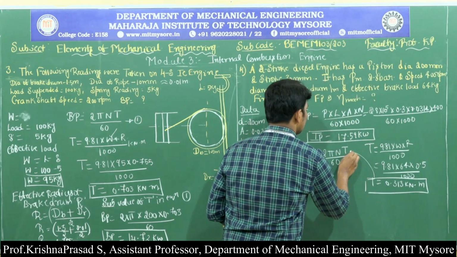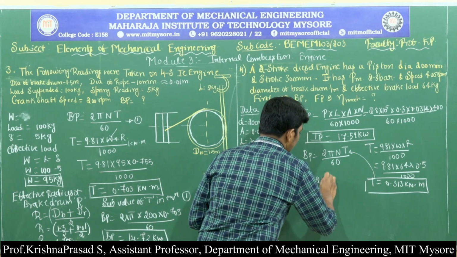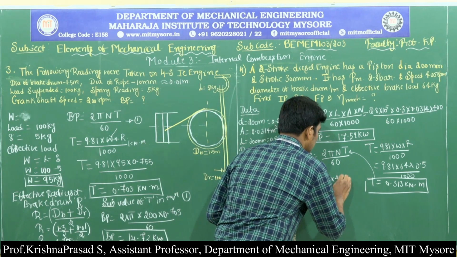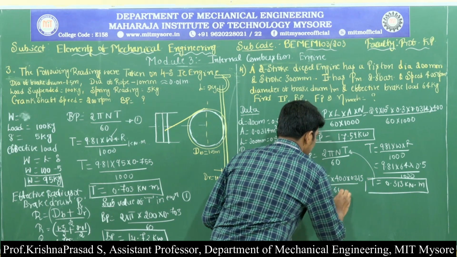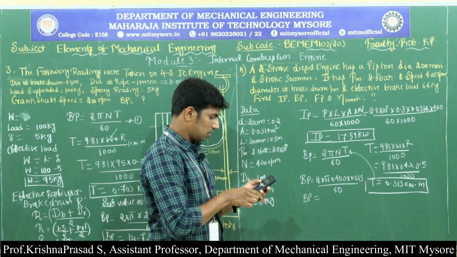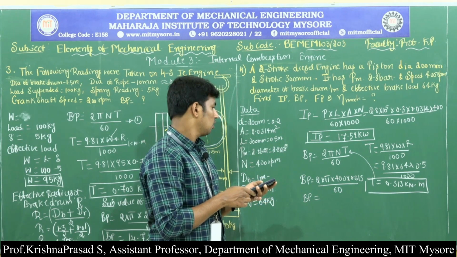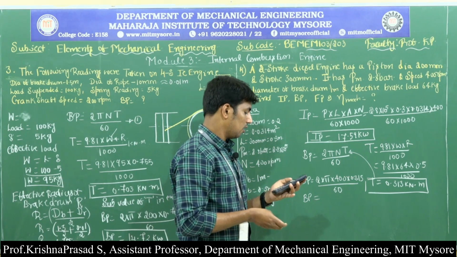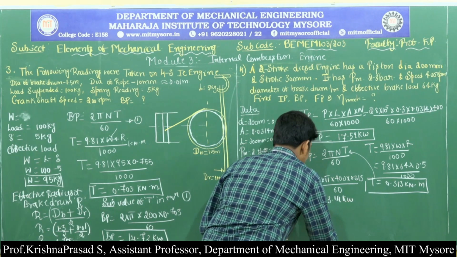Substitute the value of torque for the calculation of BP, that is 2 into pi into the crankshaft speed 400 into 0.313 divided by 60. Calculating the value of BP, that is 2 into pi into 400 into 0.313 divided by 60, gives rise to 13.14 kilowatt.